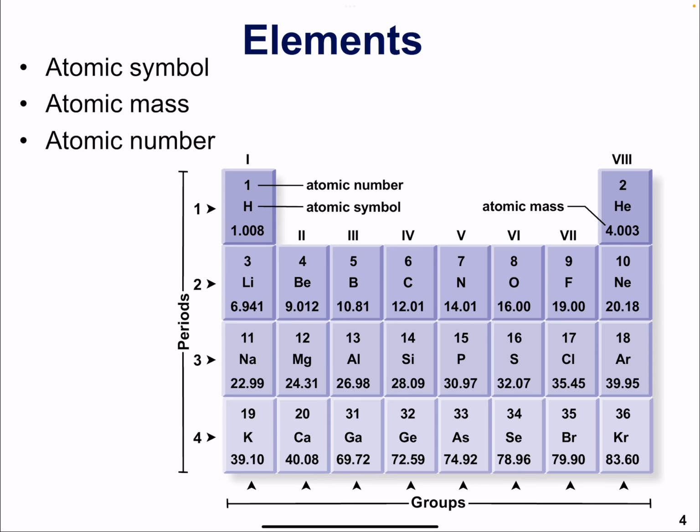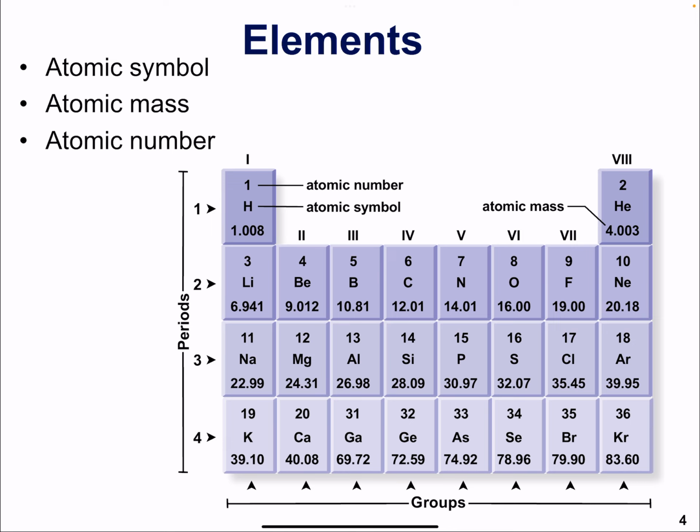Before we dive into atoms and their structure, let me first say that in nature, there are about 96 naturally occurring elements. These elements can be organized on the Mendeleev table or the periodic table. I'm not going to go into the intricacies of that table.